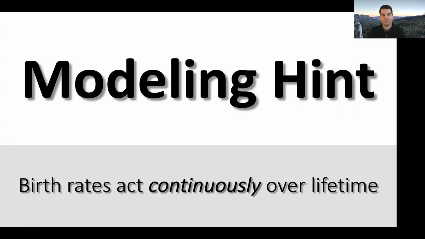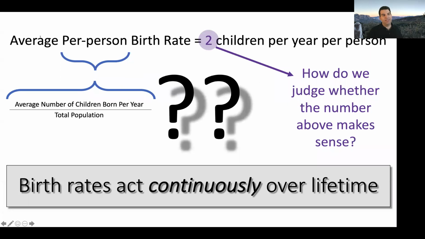And so when we think about that, we have to think about formulating birth rates in terms of averages that we can then scale up to the level of the population. If we think at the per person level, well, there are some people that don't have any children, and that's fine. There are some people that have a lot of children.